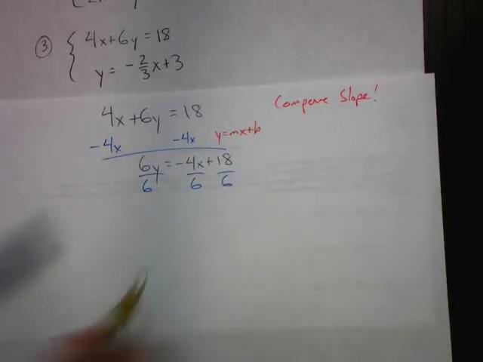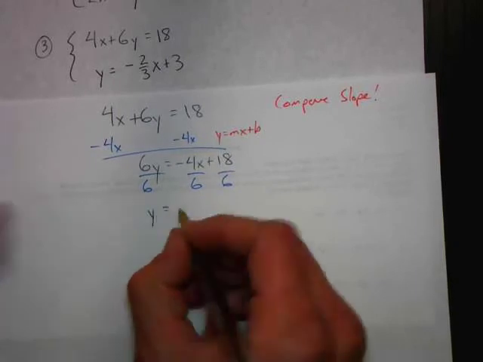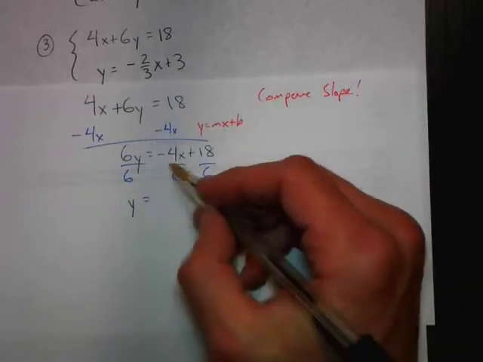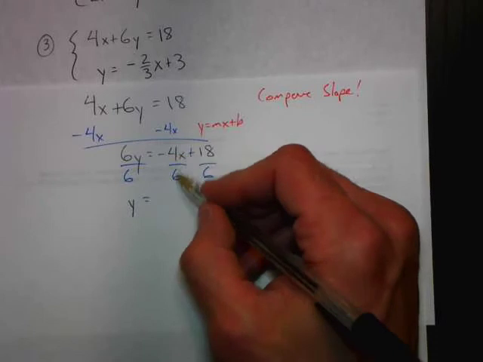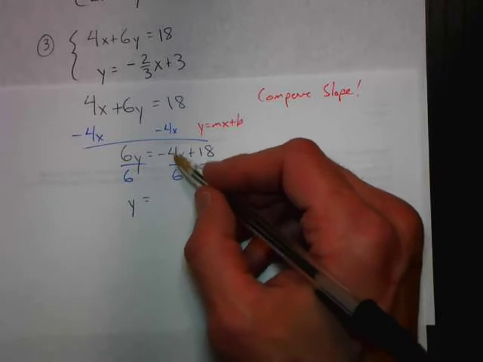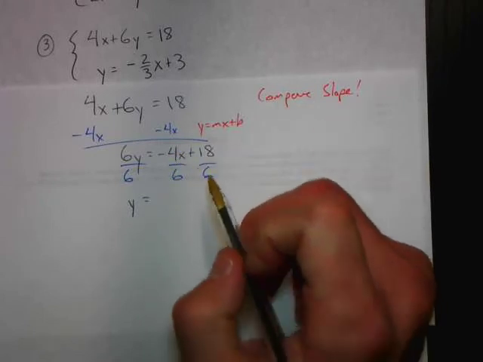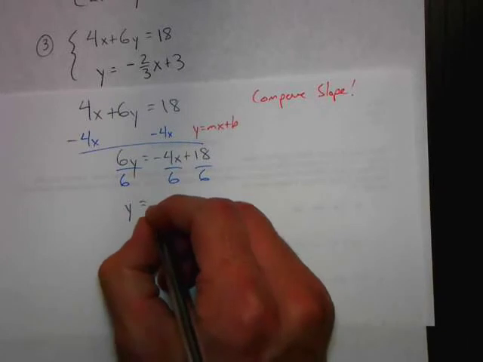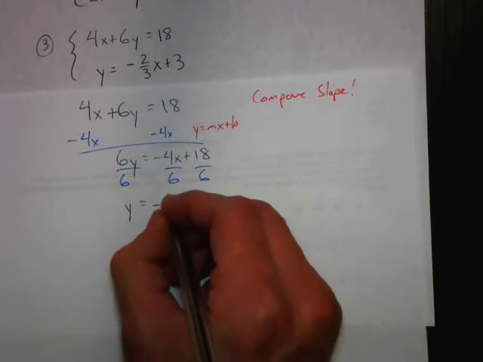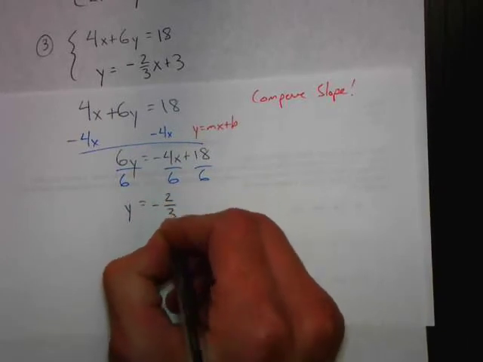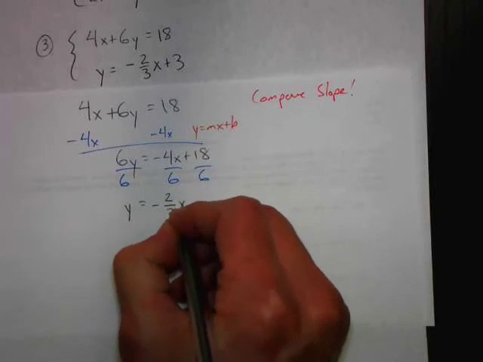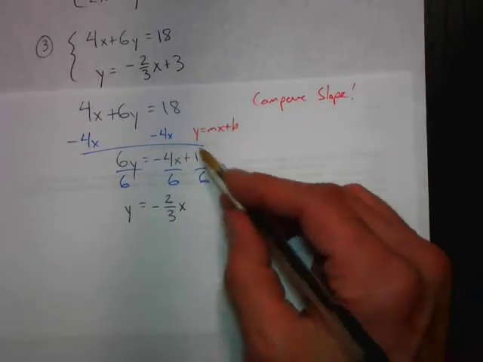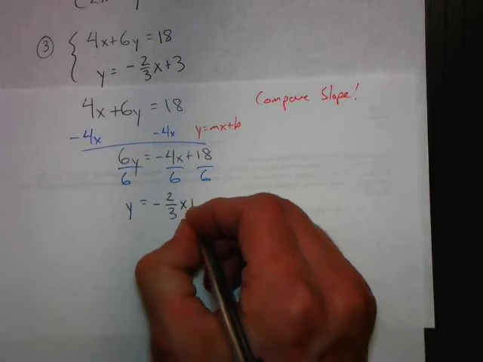Now, what's going to happen? We're going to have y equals. Now we have negative 4 divided by positive 6. That's negative 4/6, which can be simplified. Both can be divided by 2. So we have negative 2/3 x. And then we have 18 over 6, which is 3.